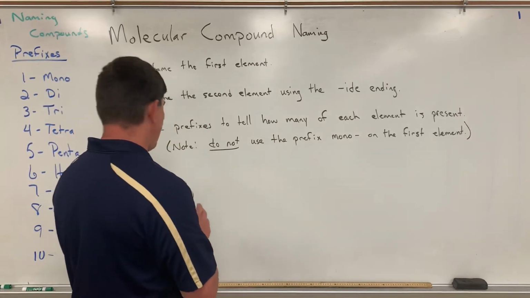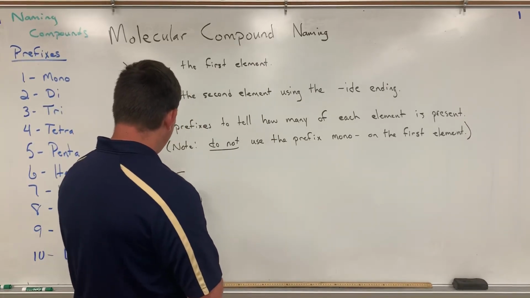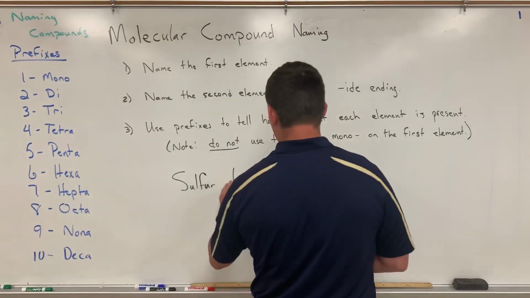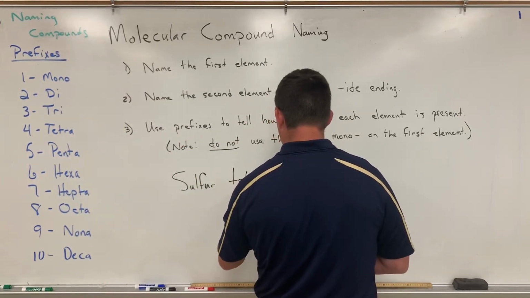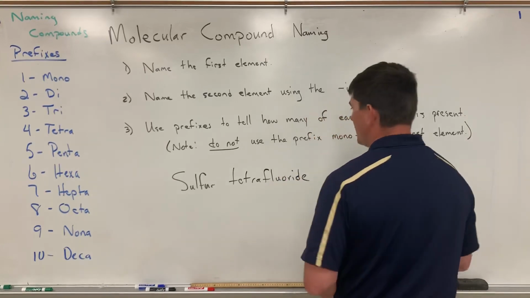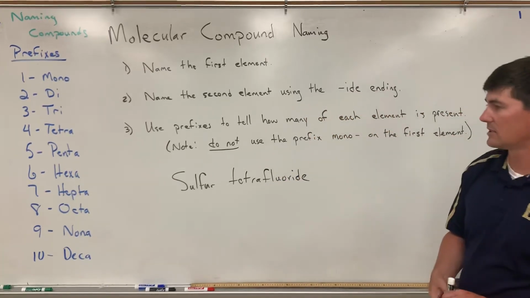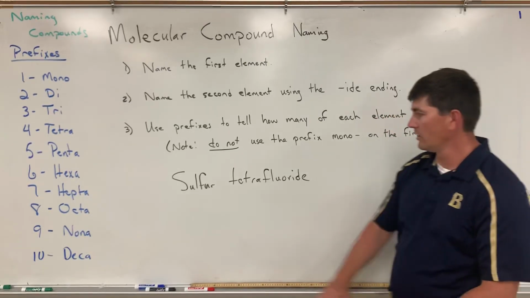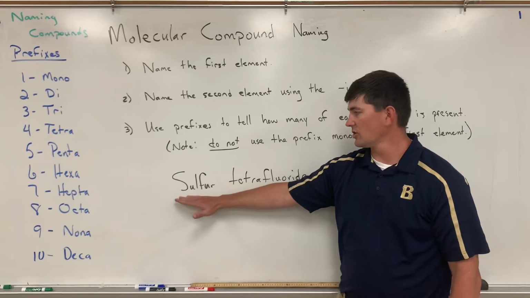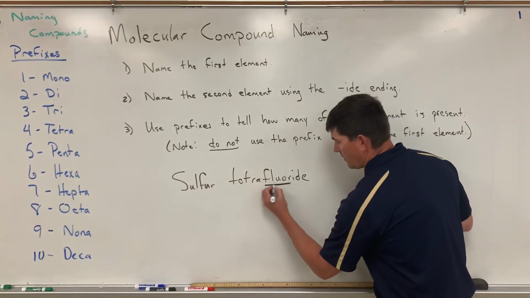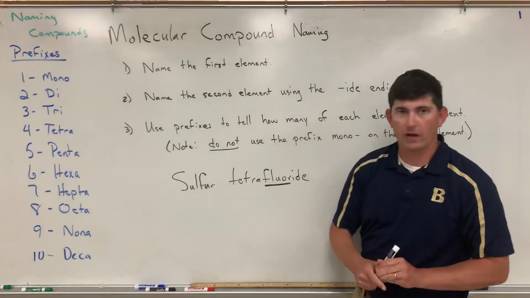My next example is if I had something like this. This is sulfur tetrafluoride, okay? So my first element is going to be sulfur. My second element is going to be fluorine, right?